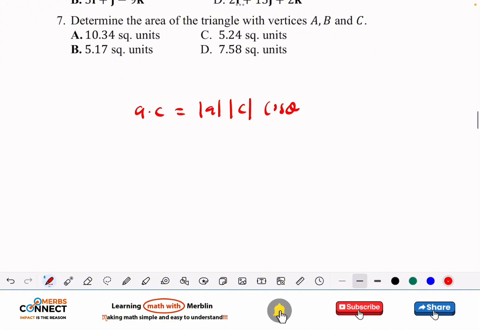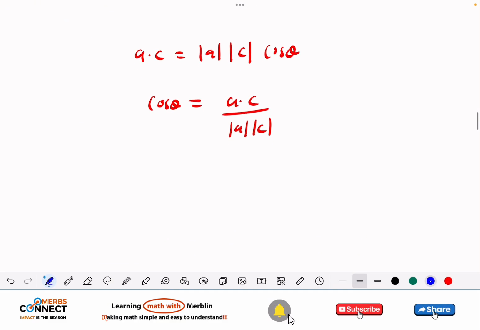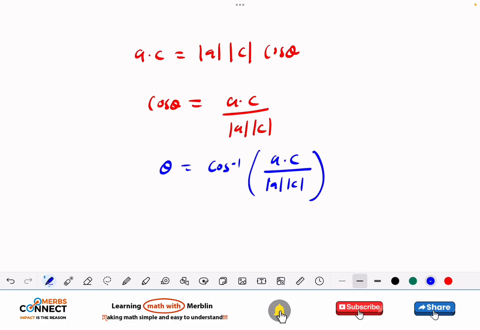If I want to know the angle, then cos theta is equal to A dot C divided by the magnitude of A times the magnitude of C, and theta is equal to cos inverse of A dot C divided by the magnitude of A times the magnitude of C. So what we need is A dot C, and then the magnitude of A times the magnitude of C. So let's do that.